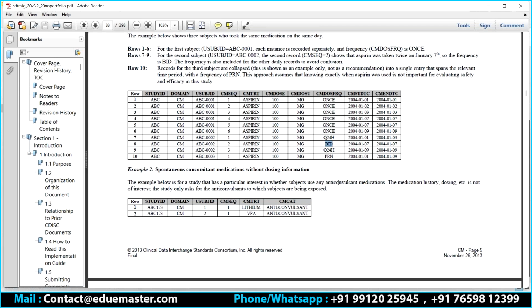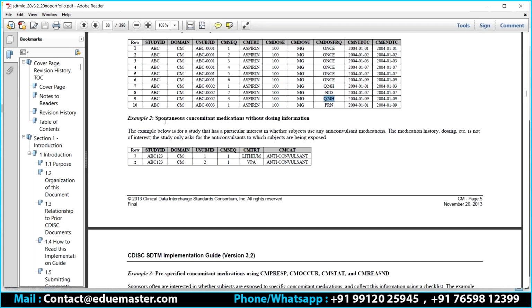Then you have BID, 2 times a day the person has taken this. Correct? Sorry, I'm missing this. Just give me a second. Q24H I'm missing. I'll come to this. And go with the last one. It's a collapsed one. You can see that the patient has taken this particular one from 1st to 9th as needed, which is PRN. I'll give you the details about Q24H. Don't worry. I'll give you that in a while.